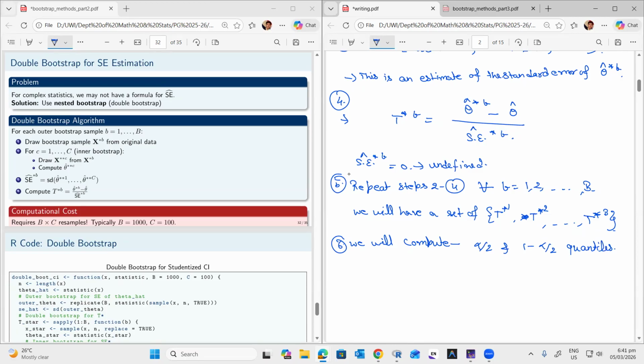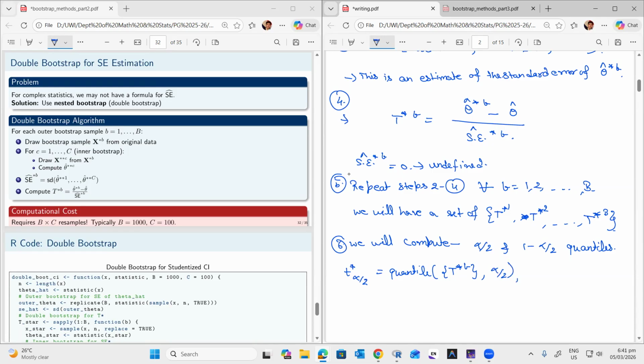Okay, so the formula you already know. What is the formula of that one? The formula for the quantile T star alpha by 2 is basically the quantile of your T star B at alpha by 2.